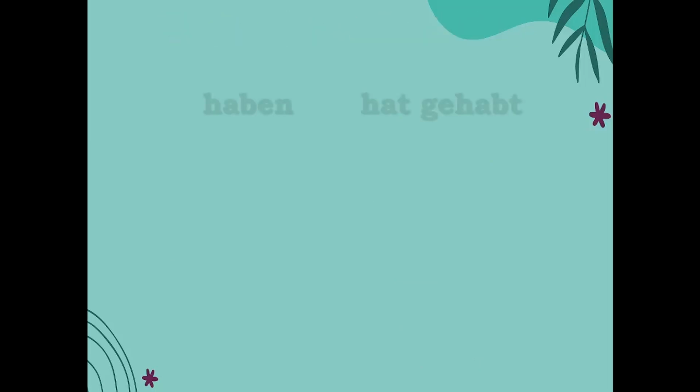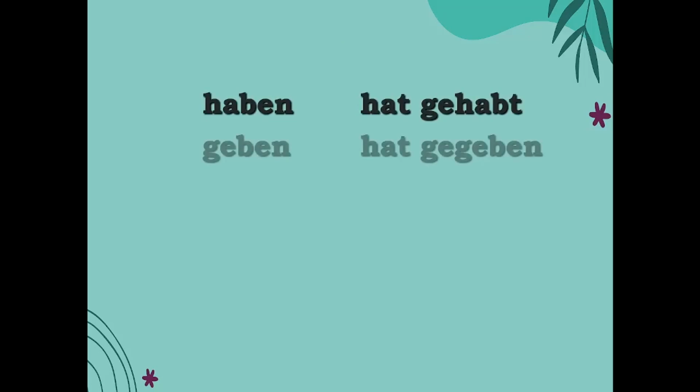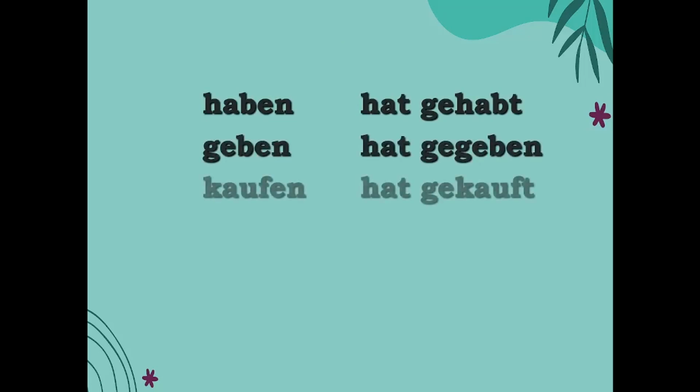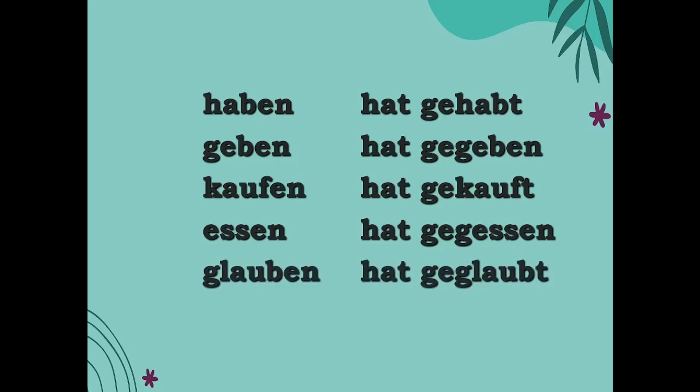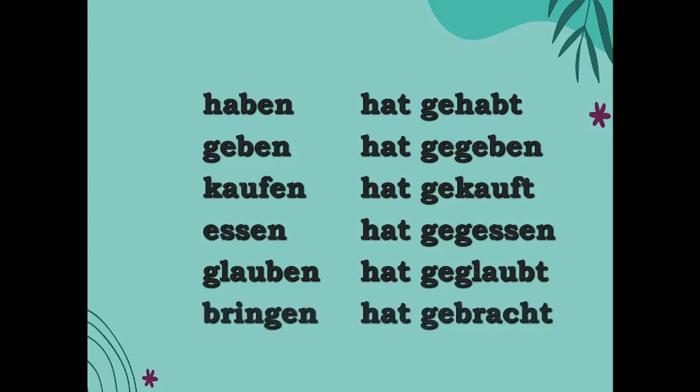So here are some verbs that will use haben. Whenever haben is used as helping verb in the sentence, haben will be used. And geben is to give. There is no change of location and there is no change of state. So geben will take the haben verb.